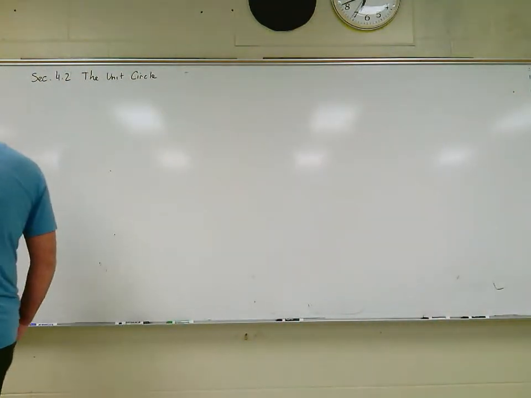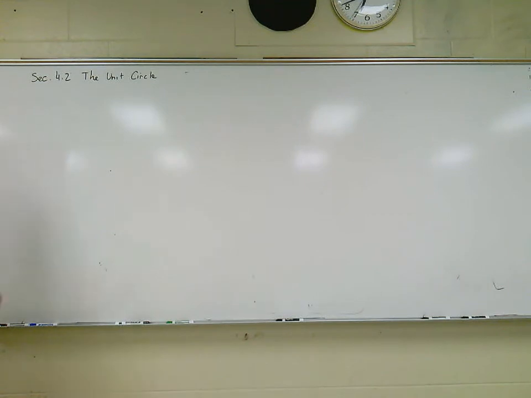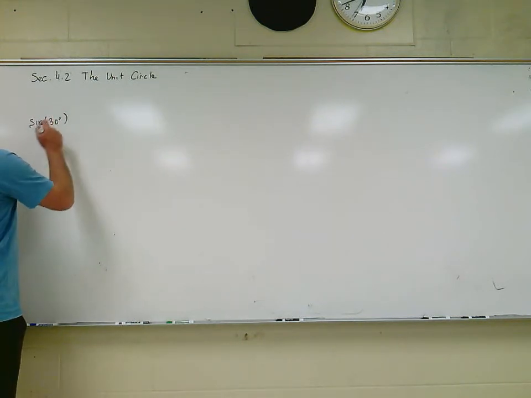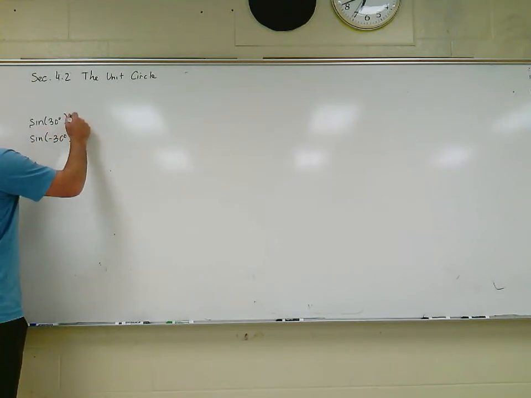I hope so. So the first thing we're going to do is look at a couple of identities. And the best way I like doing these is just using the calculator and seeing what's happening, okay? Make sure you have your calculator in degree mode. Type in sine of 30 degrees and sine of negative 30 degrees and see what you get.